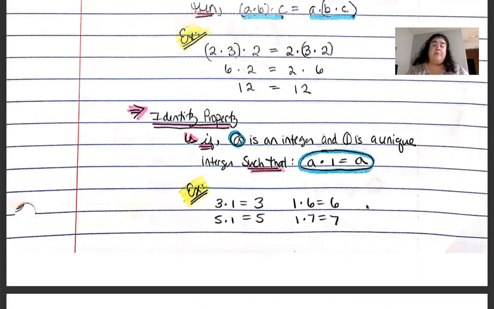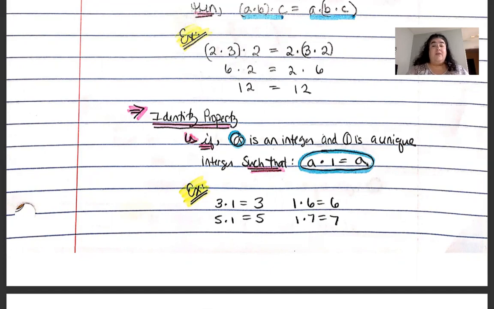In multiplication, the identity property is: if A is an integer and 1 is a unique integer, then A times 1 will be equal to A. Meaning, in multiplication, the identity property is to multiply by 1. When doing so, you will not change the integer that you started with.